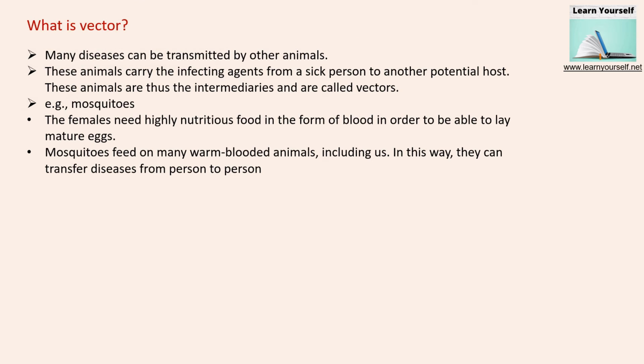Now, what are the vectors? What is the meaning of vector? Many diseases can be transmitted by other animals. So these animals carry the infecting agents from a sick person to another potential host. These animals are thus the intermediary and are called vectors.